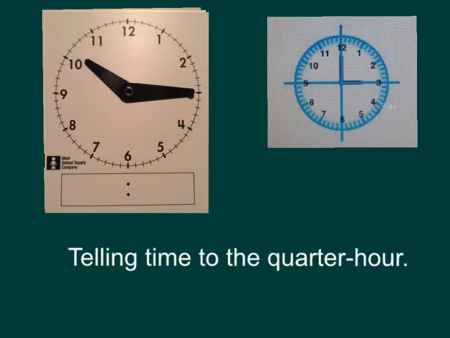Now let's take a look at our next clock. If we take a look at this, what happened to the hour hand? It moved partway from the 10 a little bit closer to the 11. So when we look at this clock and we're looking just at the hour hand, we know that the time is between 10 o'clock and 11 o'clock.